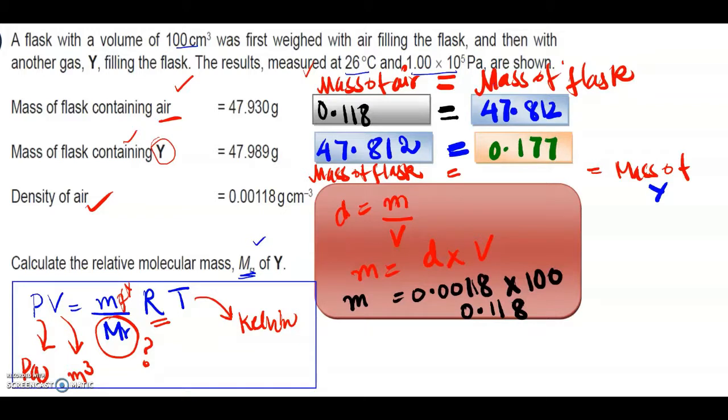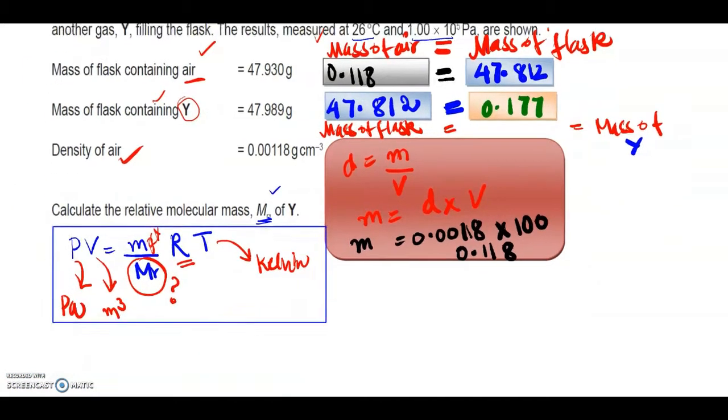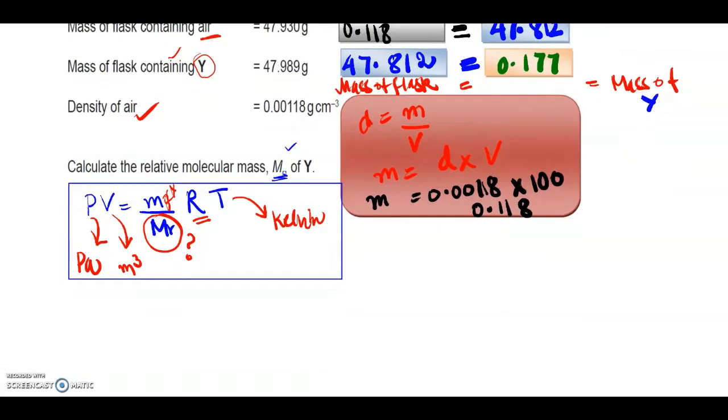So this is the mass of Y. Now by putting these values in the given formula, you will have your answer.